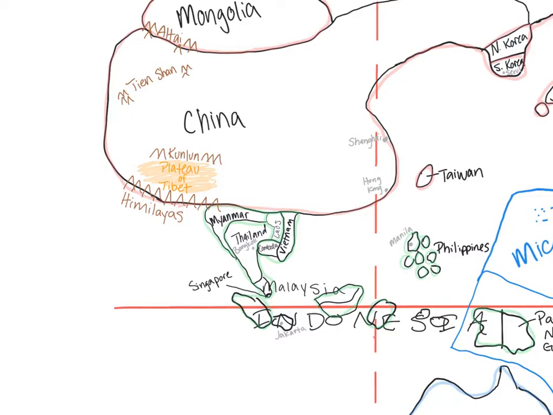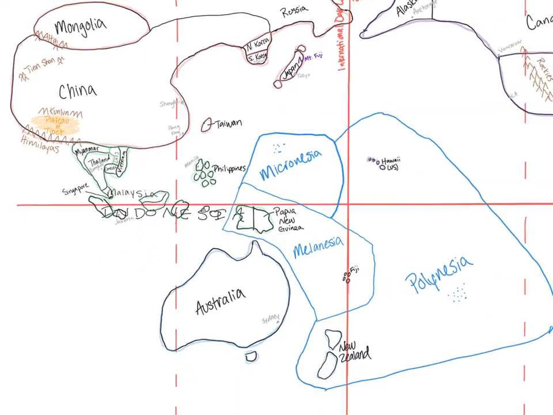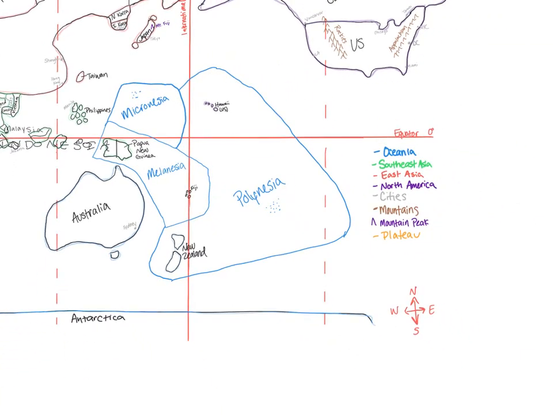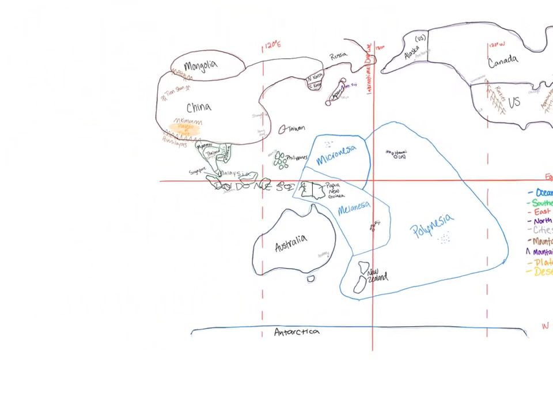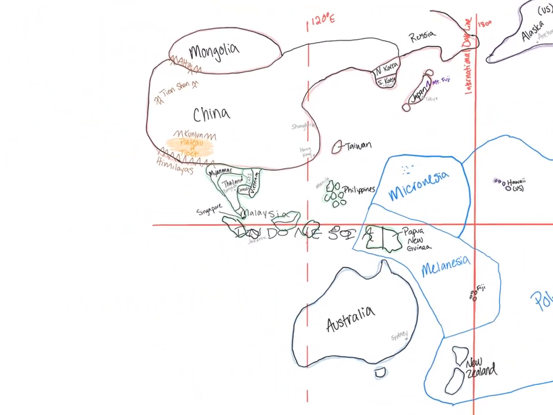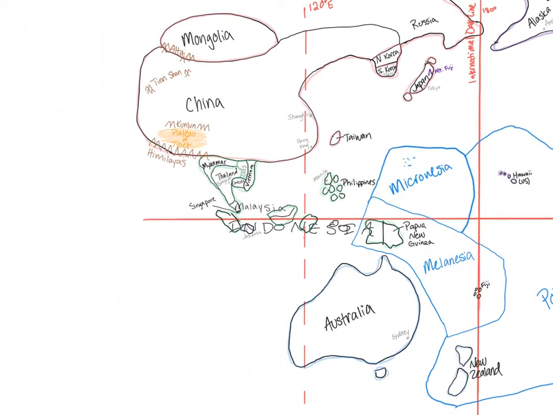Let's see. Next thing we're gonna do is deserts. Our deserts we'll do in yellow. So I'm going to add it to my key over here. Deserts. Again, staying in Asia and on the western side here, we have a few.